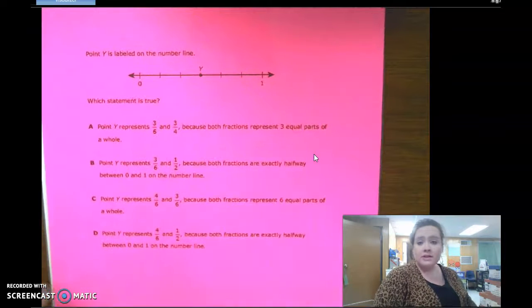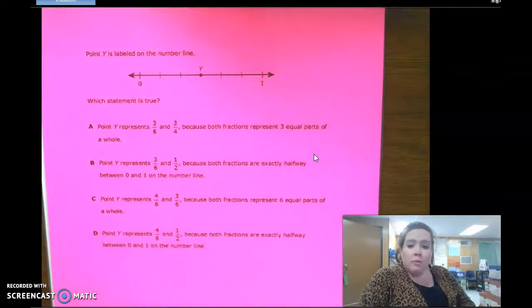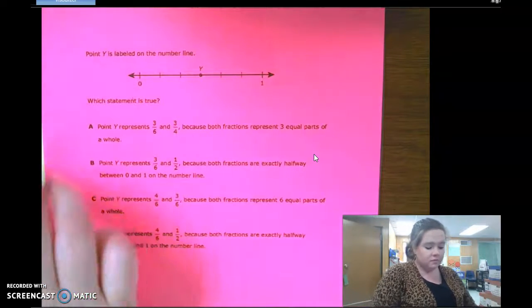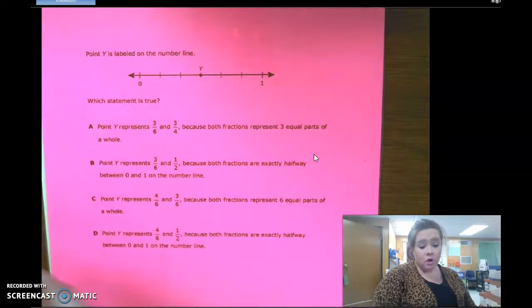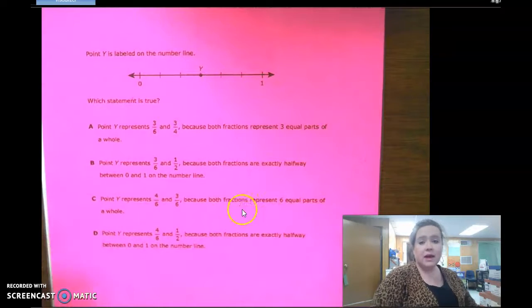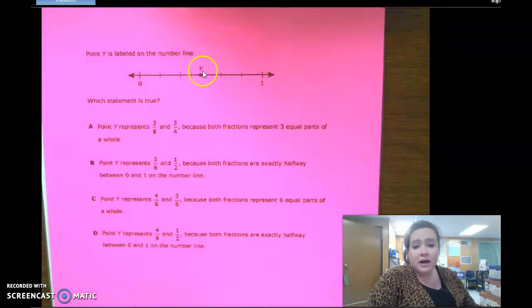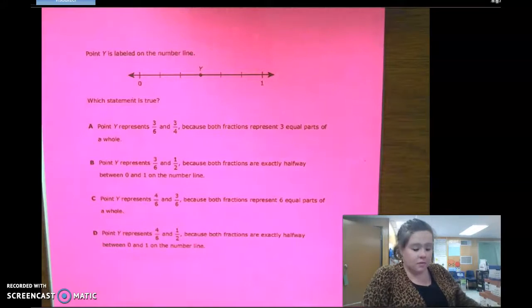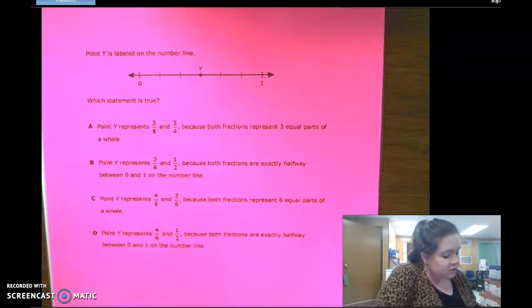All right, let's look at this one. Point Y is labeled on the number line. Well, what is this number line? What fraction is this number line or your point at? Awesome job.